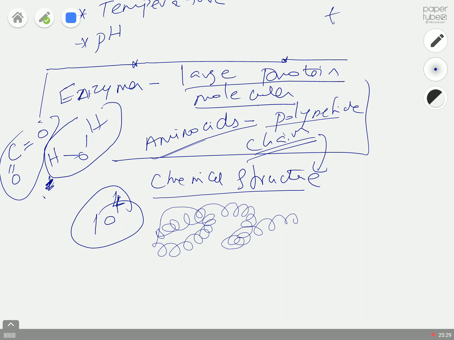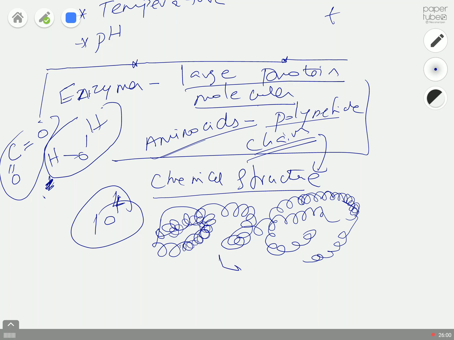We don't have to go into the structural details, but you should remember proteins have a unique structure, and they can retain this structure only at a particular temperature and at a particular pH. If you alter the temperature or pH, they will unfold. These are folded molecules, so they will unfold, and then you will get some structure like that.